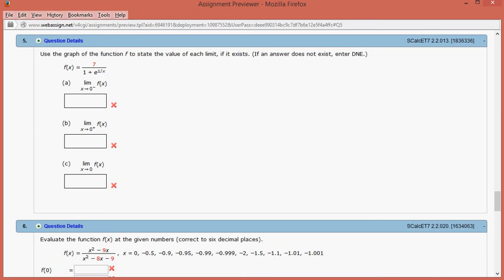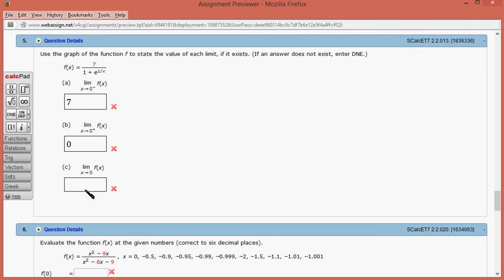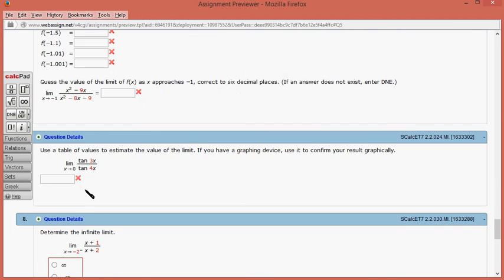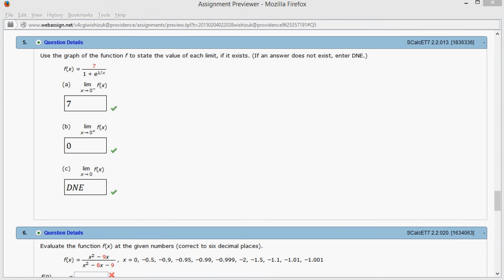So let's type it in. This one is 7, that one is 0, and this one does not exist. Let's submit for testing. It came back and looks like we got all three of them correctly.